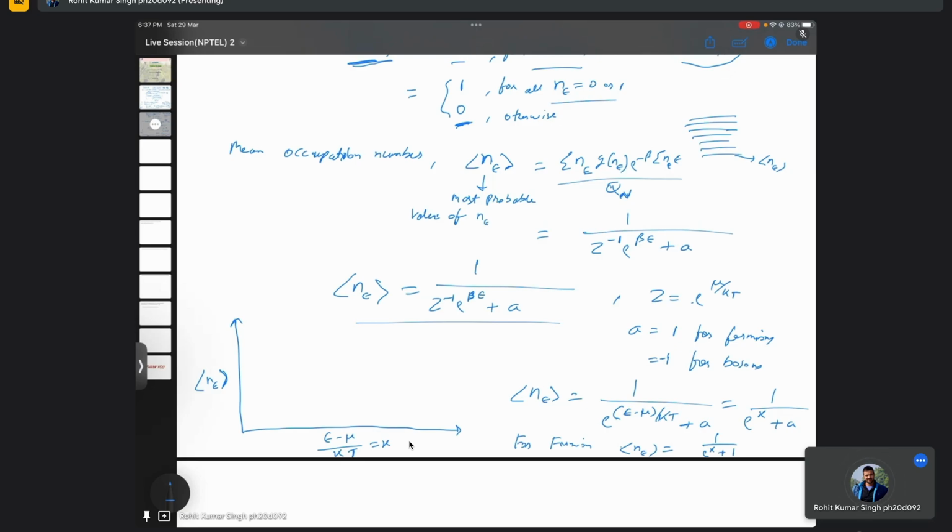And so let's put some values here. Suppose this is 1, this is 2, 3, and so on, and suppose here is 0, here is -1, -2, 1, 2, 3. Okay, now for fermions, if E is equal to mu, then this term is basically 1, right?